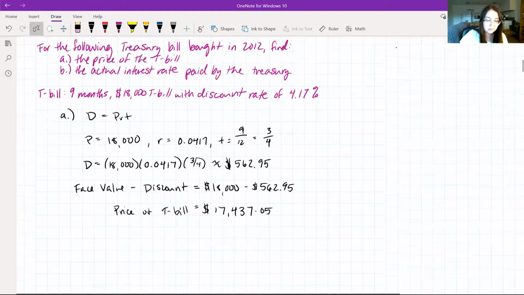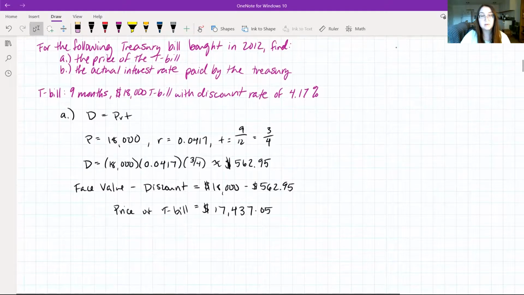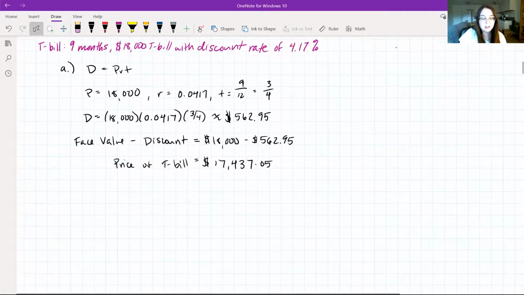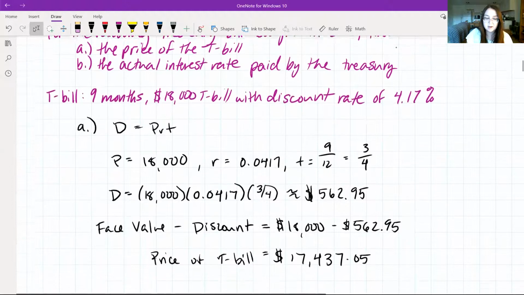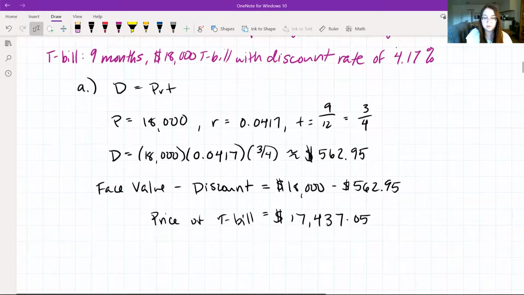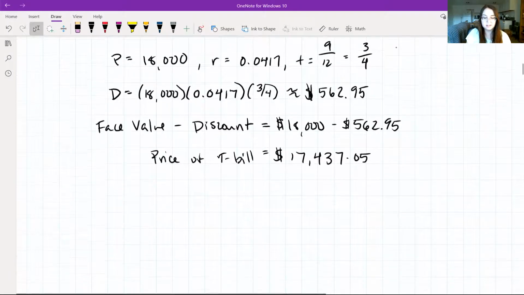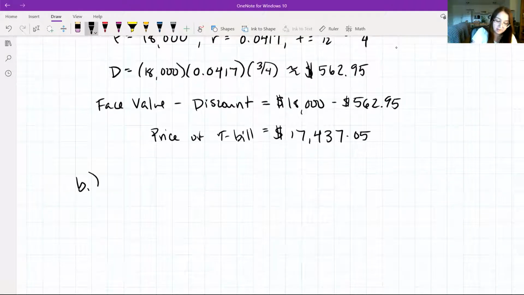All right, then for part B, we want to find the actual interest rate that was paid by the Treasury. Remember, we as citizens bought our T-bill for this price, but the Treasury would have paid separately for a different value.